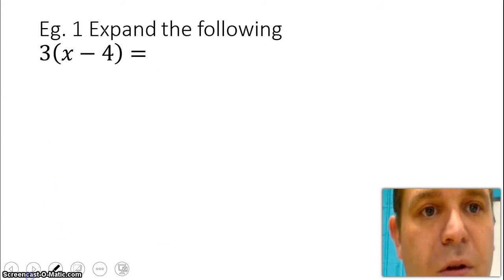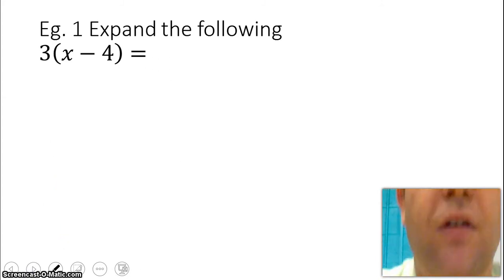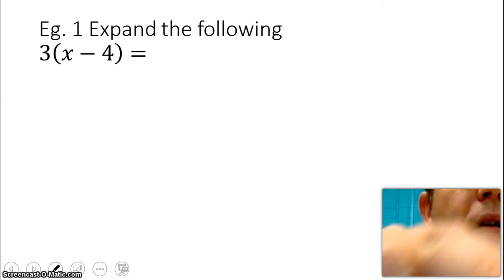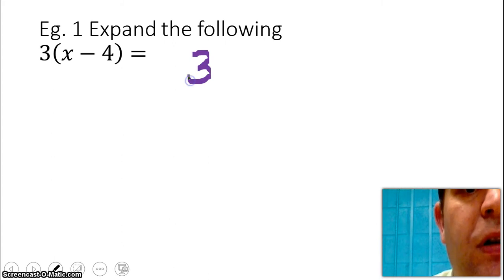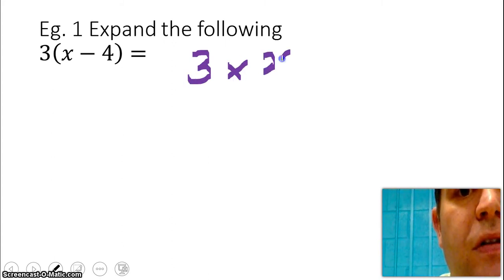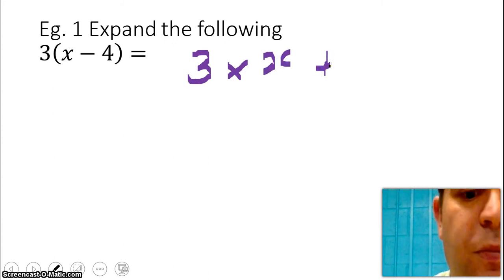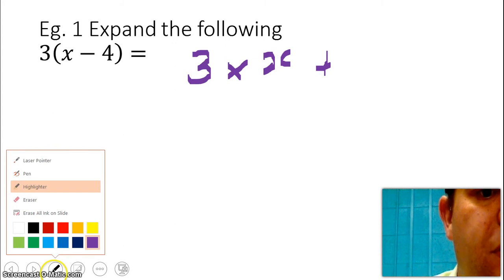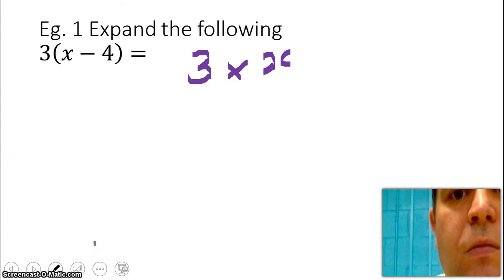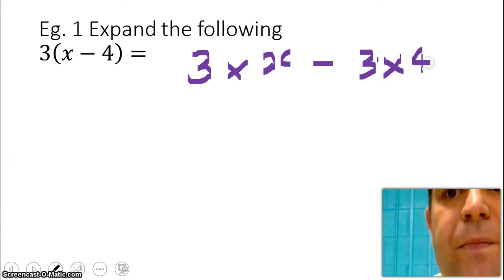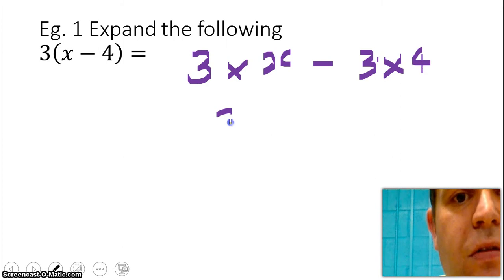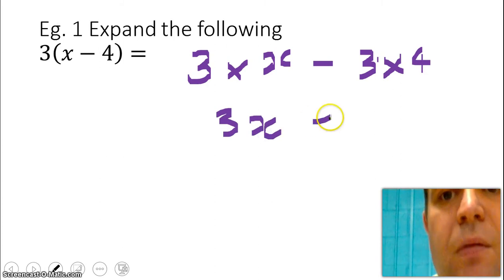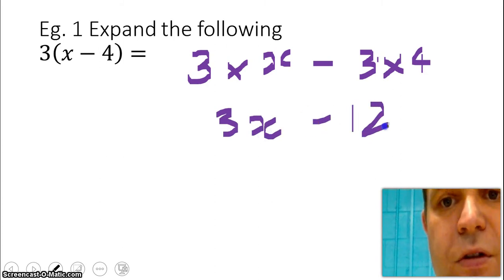So let's have a look at the next one. If we're going to have to expand something, my working out for this one would be 3 times x, minus 3 times 4. Sorry, not plus, it's a minus. So 3 times x is 3x, minus 3 times 4, 12.